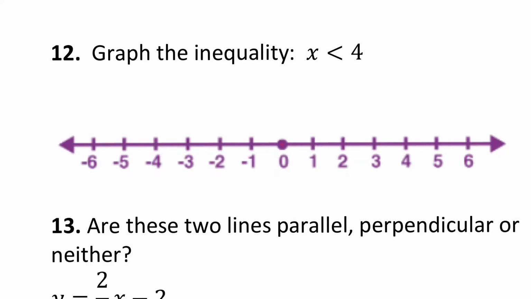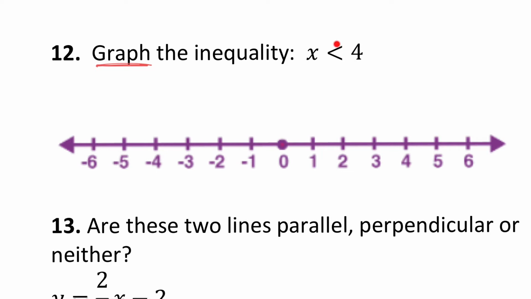Number 12 says, graph the inequality. Again, it says graph the inequality. Now, we are not using the coordinate plane, the x-axis and the y-axis. We are just using the number line, and we are going to use circles, open circle or closed circle, to graph the inequality. So let's go ahead and review what the inequality is.